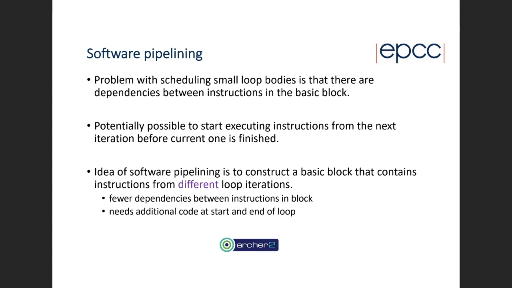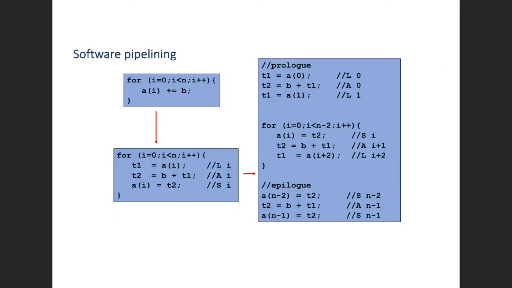So basically to overlap the execution of statements from different loop iterations in the same block of code. The idea of software pipelining is to construct a basic block that contains instructions from different loop iterations, again, for fewer dependencies. We need some additional code at the start and the end of the loop in this case to make it all work properly.